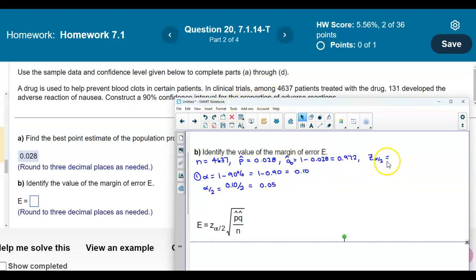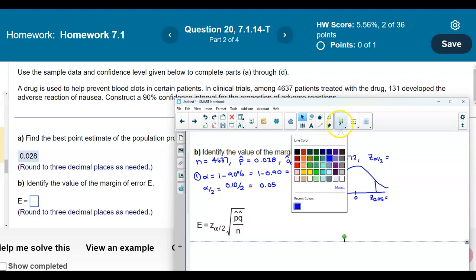So now we want to look for the area in the standard normal distribution. Remember that the standard normal distribution has the bell curve, and we're looking for this z critical value that has an area to the right of 0.05.